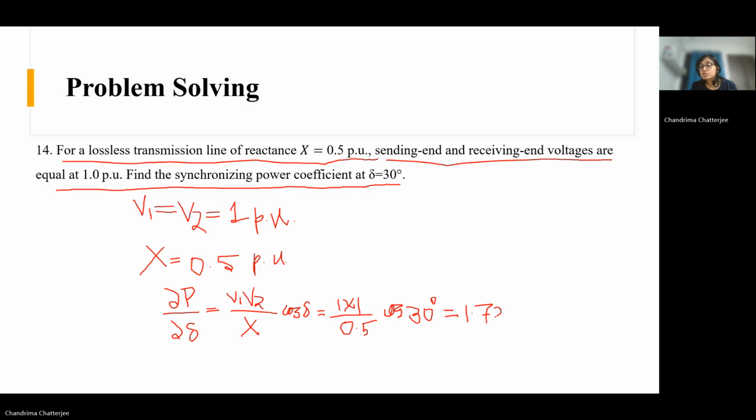Cos 30 is root 3 by 2, so it is 1.732. This is the synchronizing power coefficient.